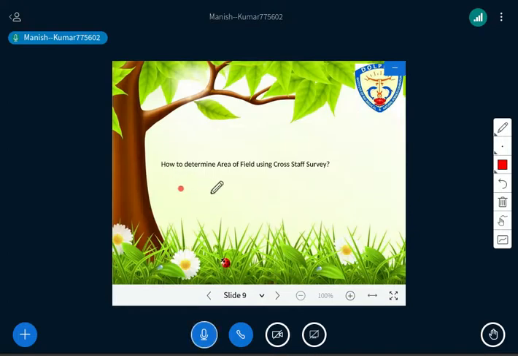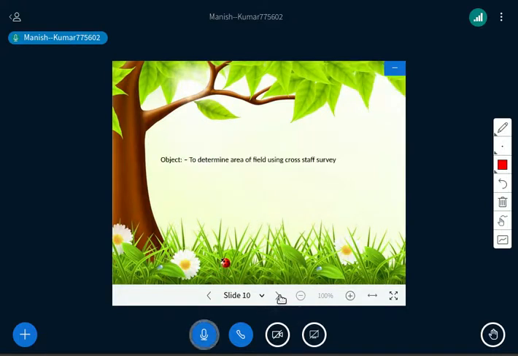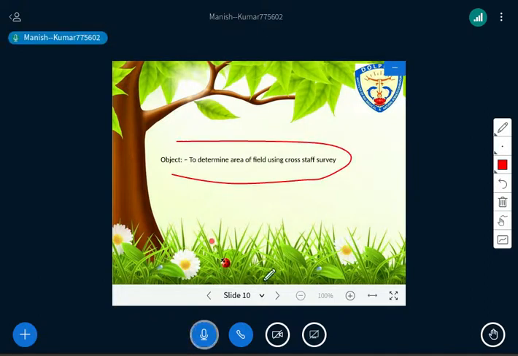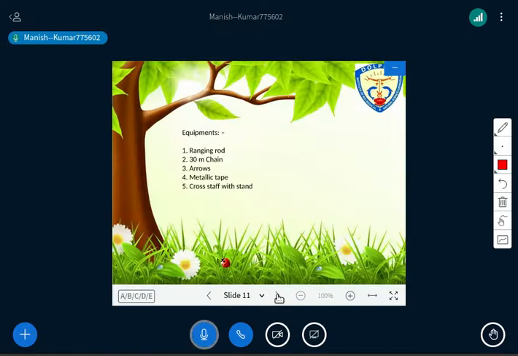So how to determine the area of a field, that we need to understand here, and then we also understand how the survey can be conducted, right? So the objective is the area of a field using a cross staff survey, a simple objective. We need these equipments, and you all are very much familiar with these instruments. We have a ranging rod, a 30-meter chain, arrows, a metallic tape.